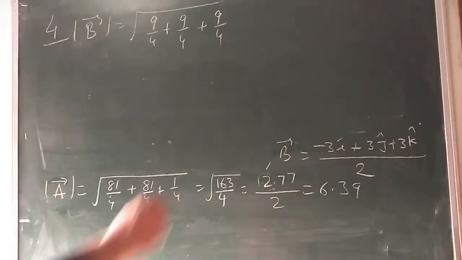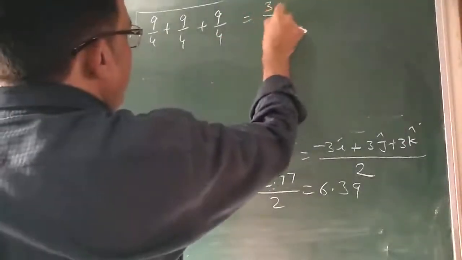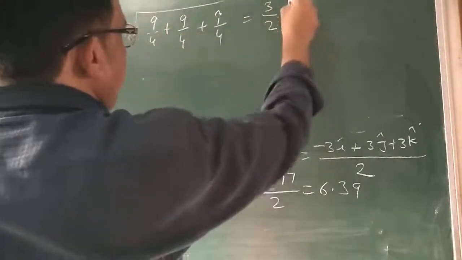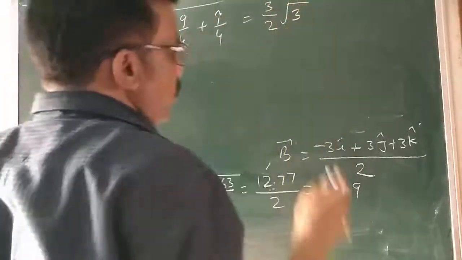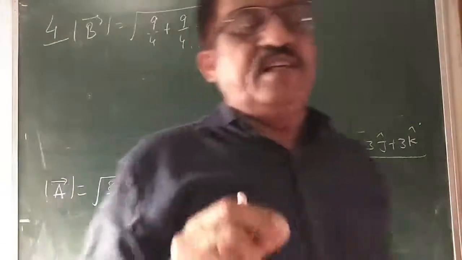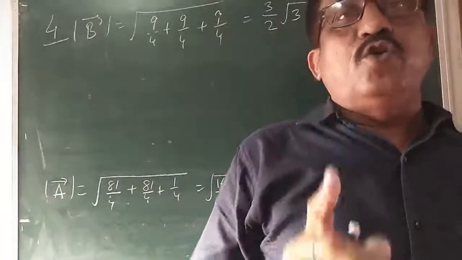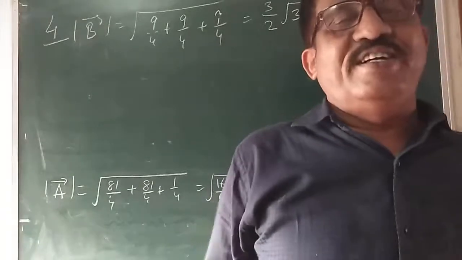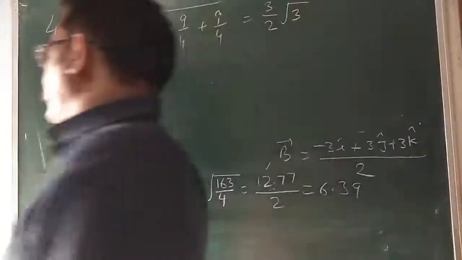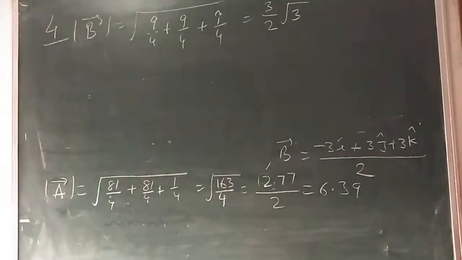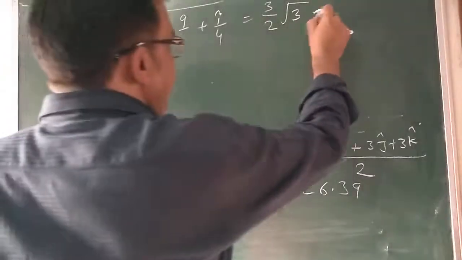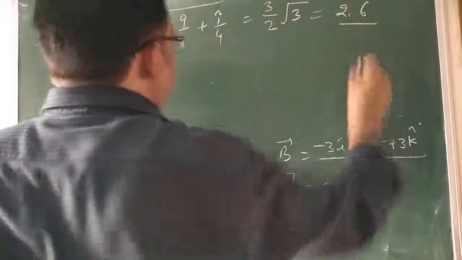So you can take 3 by 2 common, root of this, and under root 3. The value of under root 3 is 1.732. Remember it. Value of root 2 is 1.414, root 3 is 1.732. So you can write directly and solve it. You will get it around 2.6.